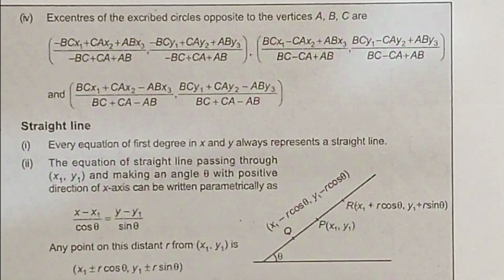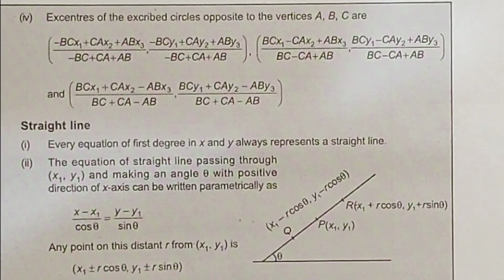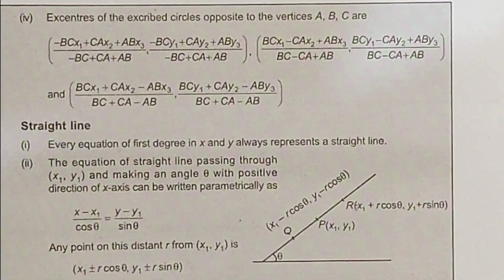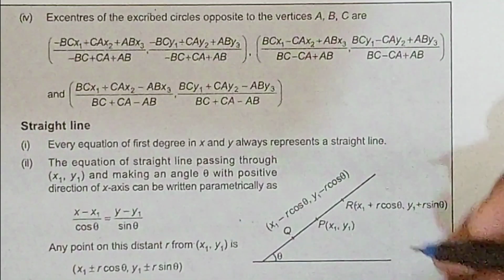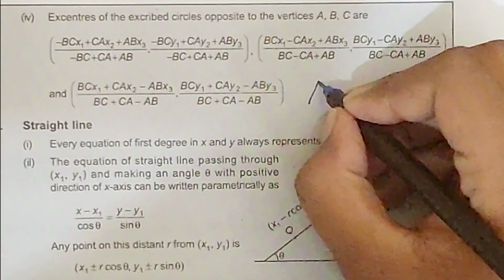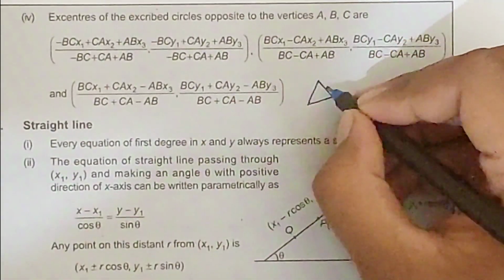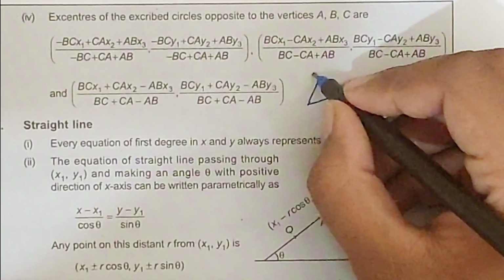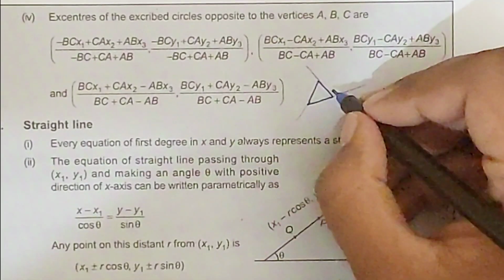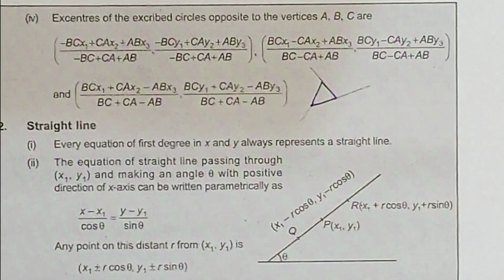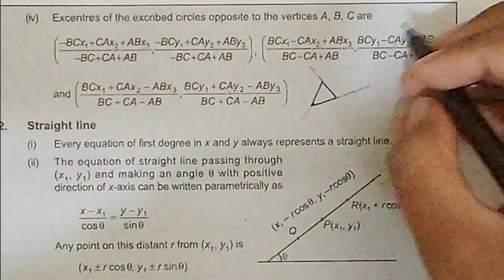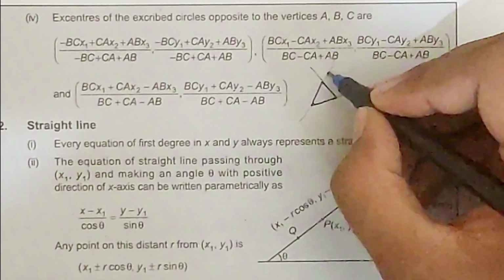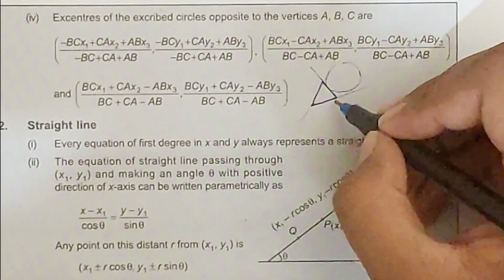So the excenters of the escribed circles opposite to the vertices A, B, C are this. I hope you know what excenters are. Suppose this is the triangle, then you make a circle outside here, something like this.